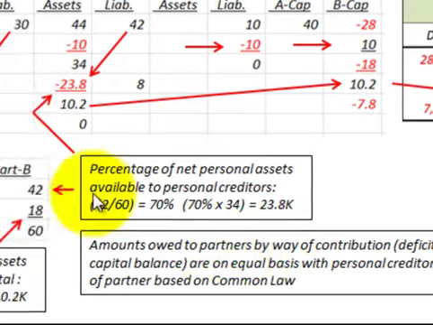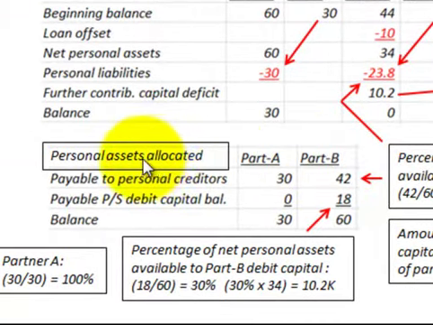So what we have to do is calculate our personal asset allocation. For partner A, we have our payable to personal creditors of $30,000, and partner B has a payable to the personal creditors of $42,000. Now we have a payable to the partnership for that debit capital balance.